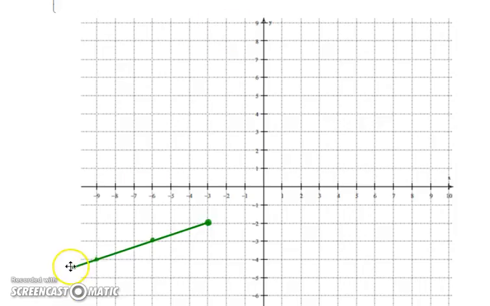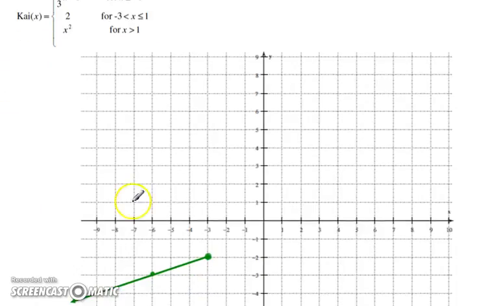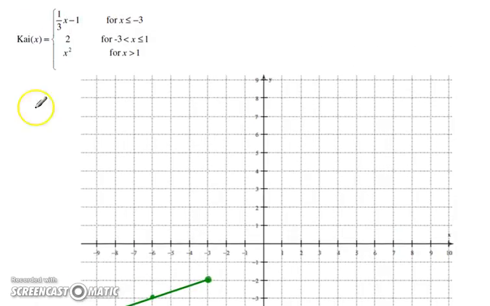So that's my line. Goes to the left with an arrow, comes all the way up to -3, closed circle because it's equal -3 there. Alright? So again, I can draw the intercept of -1 if it helps me get my graph in the right place, but then I can just erase it when I don't need it. Okay? Now from there I move on to my second section, my blue section.